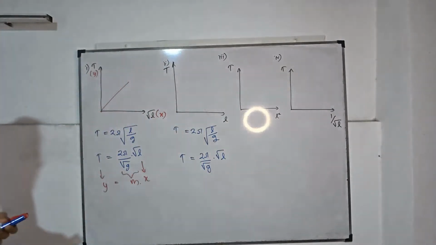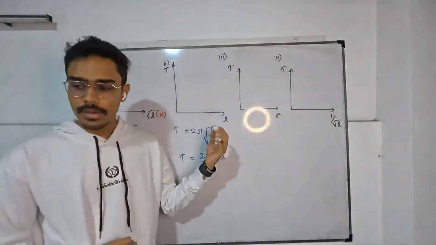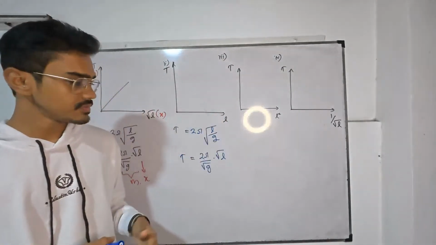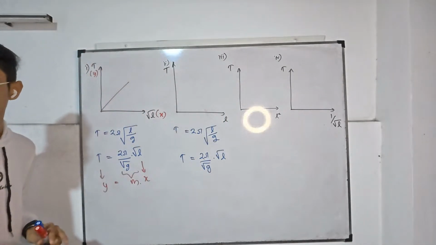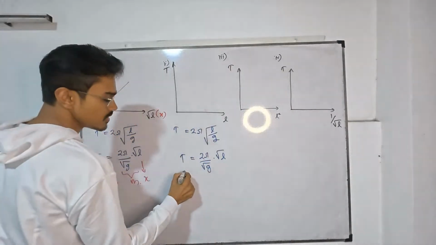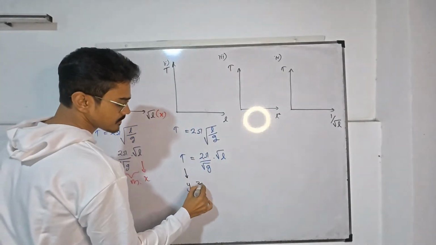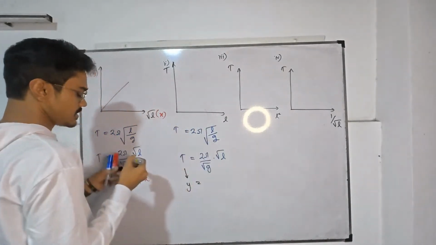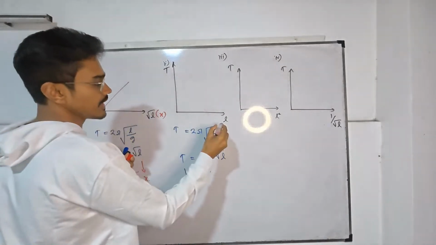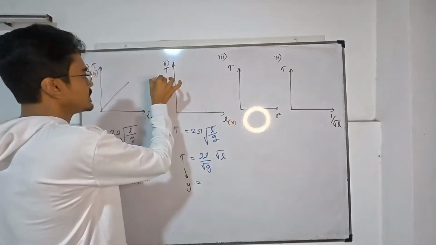Now, I'm being asked to plot with L now. L is already here, so we can identify the labels now. T is y and L is x. Now for this graph, L is x and T is y.